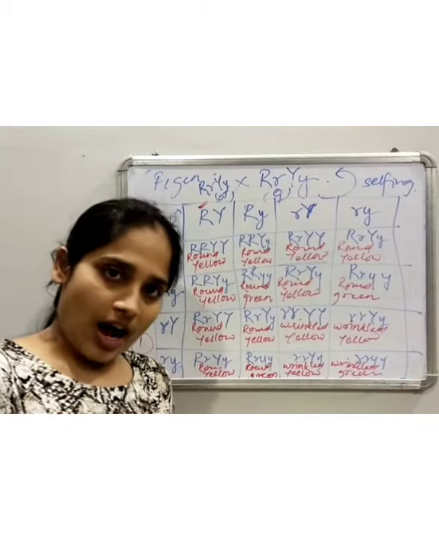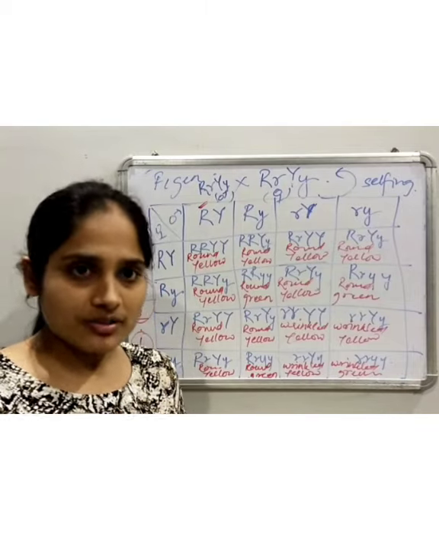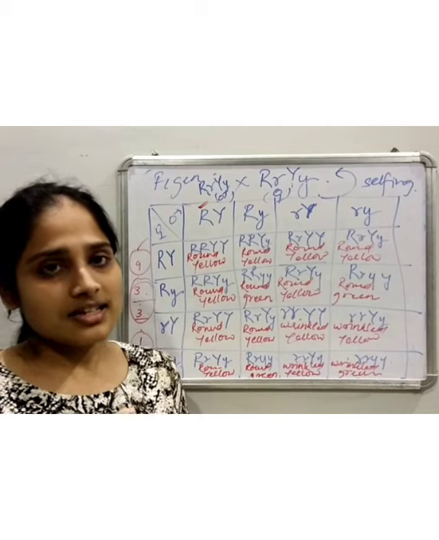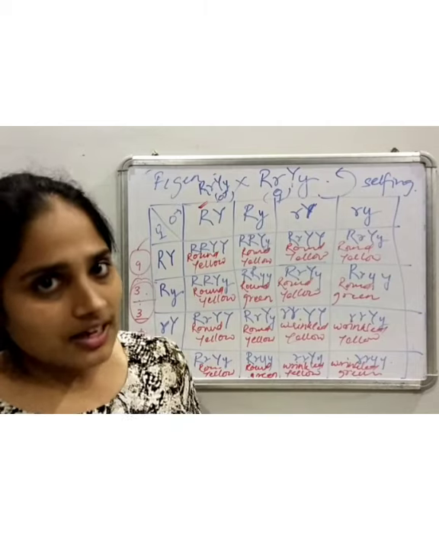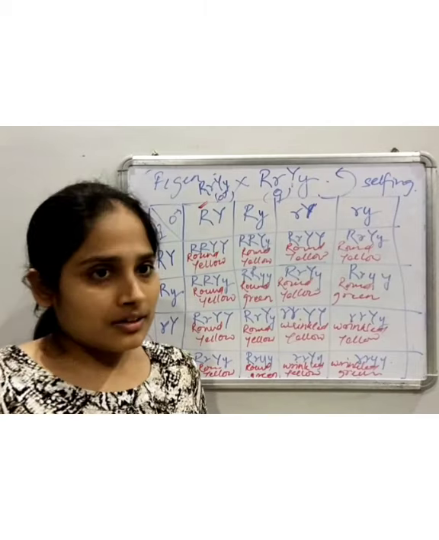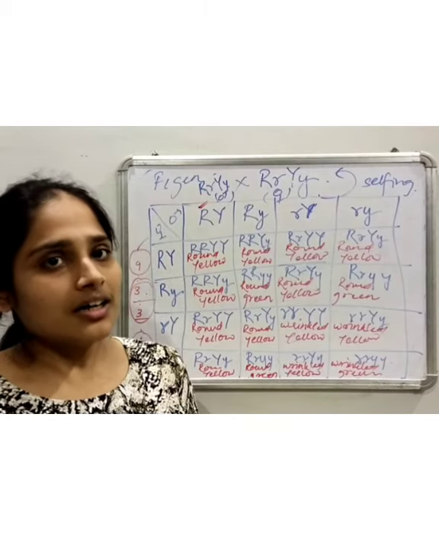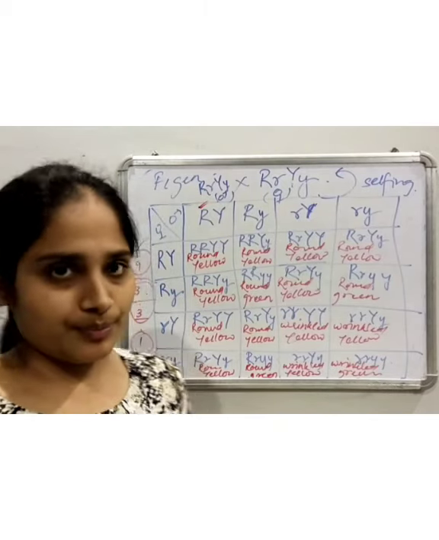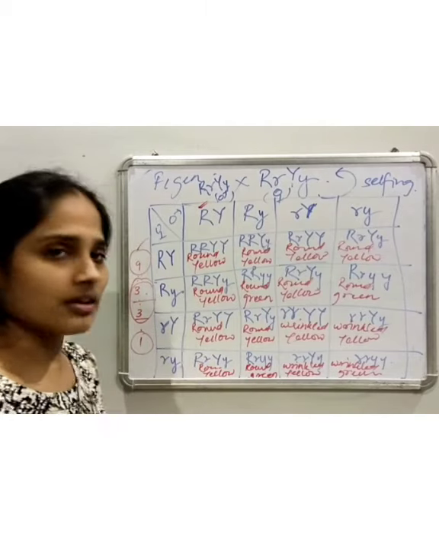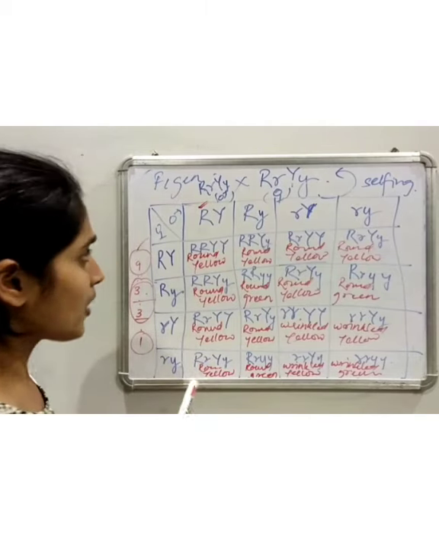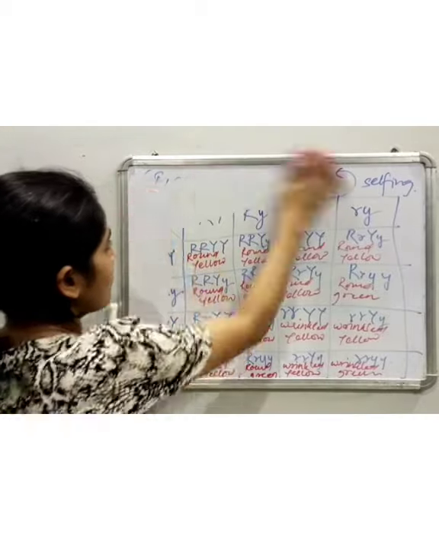So round seeds but the seed color was green, or wrinkled seed shape with yellow seed color. So this is about the dihybrid cross.